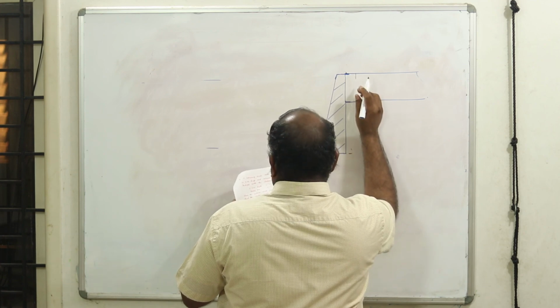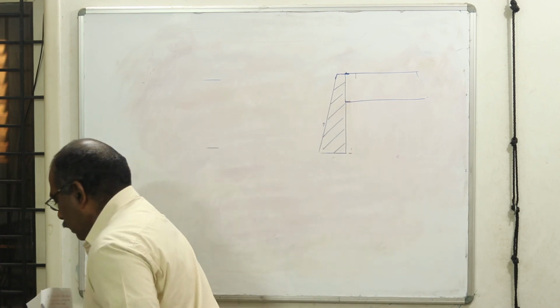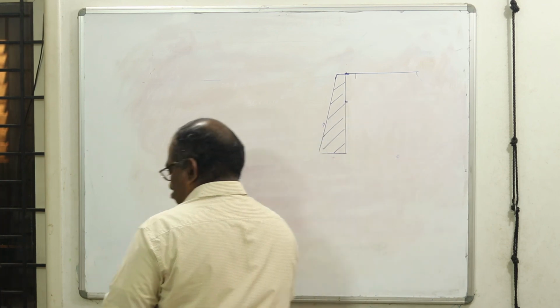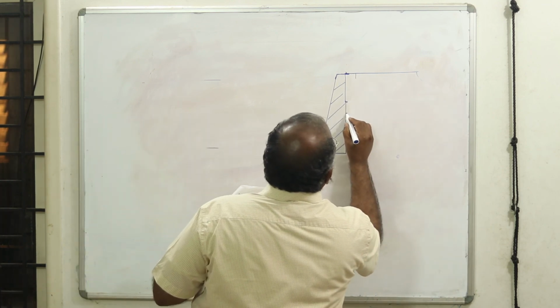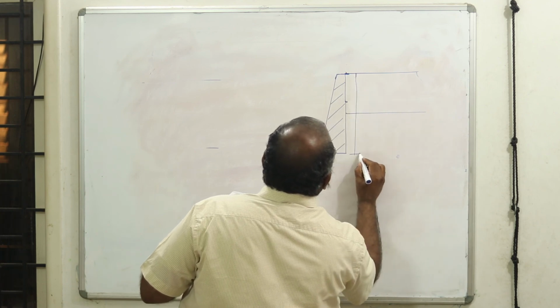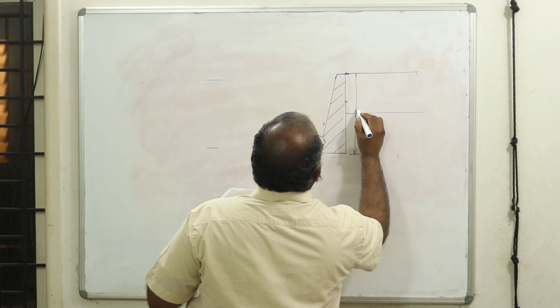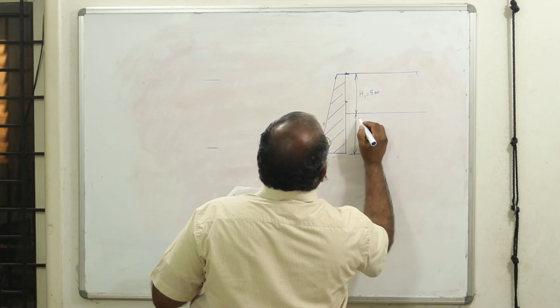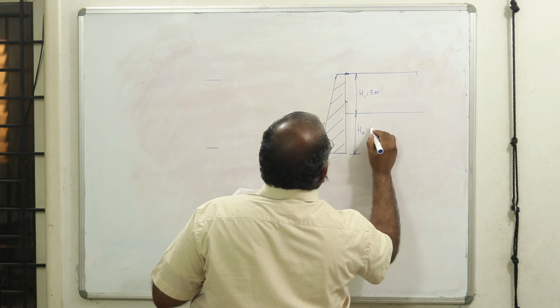This is say 5 meters. Okay, equally spaced. Two layers are equally spaced. The H is 10 meters. H1 is equal to 5 meters. H2 is equal to 5 meters.